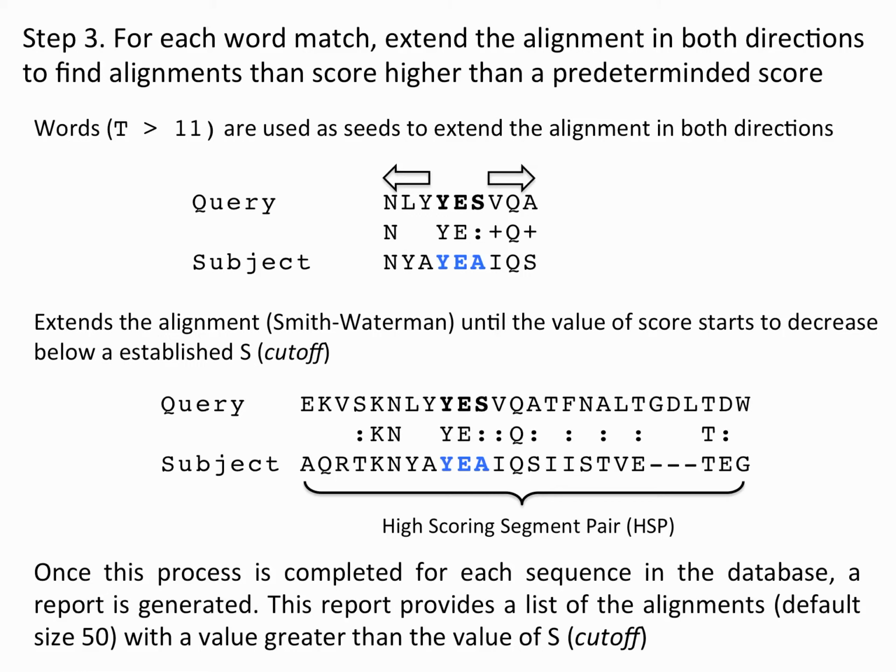The alignment stops when the addition of a new letter decreases the score of the alignment below a predetermined cutoff. These alignment segments are considered high-scoring segment pairs. Once this process is complete for each sequence in the database, a report is generated that includes the resulting alignments.